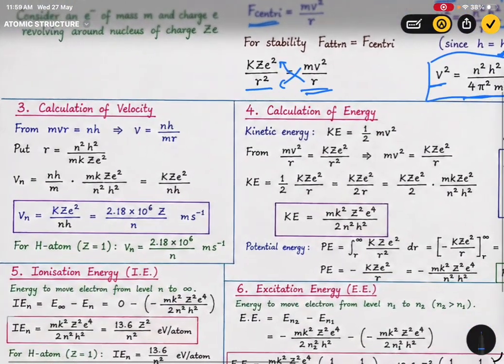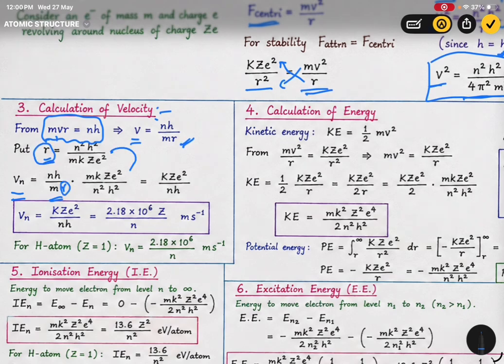Coming to the second, calculation of velocity. mvr equals nh by 2 pi, so v equals nh by 2 pi m r, and r equals n square h square by 4 pi square m K Z e square. Substituting this r in place of r in the velocity expression, m gets cancelled, n also gets cancelled, h gets cancelled, and the resultant is 2 pi K Z e square by nh.